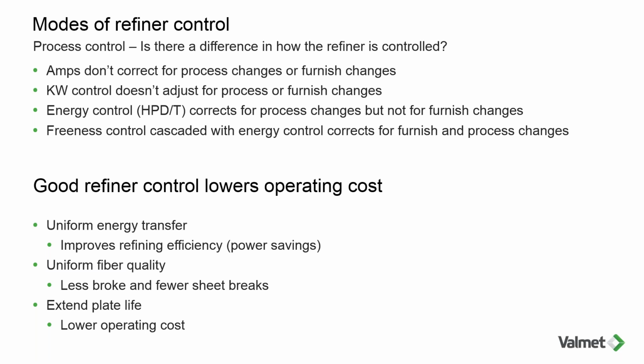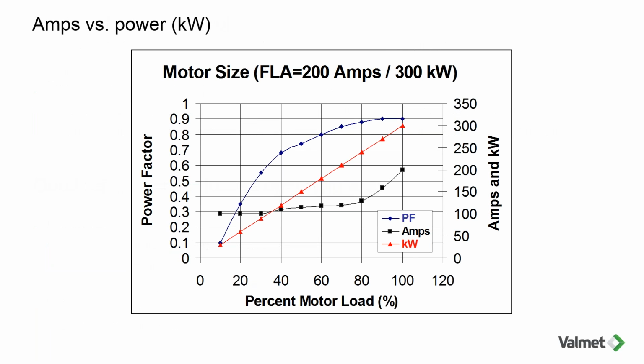The important thing to note here is that the way we transfer energy onto the fiber is extremely important for refining efficiency, fiber quality, and variability of the fiber going to the paper machine. So we need to look at each one of these in detail, see where we're at, and see where we can be if we improved. But we'll start out with the first one, amps control.